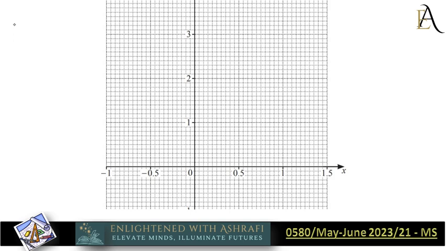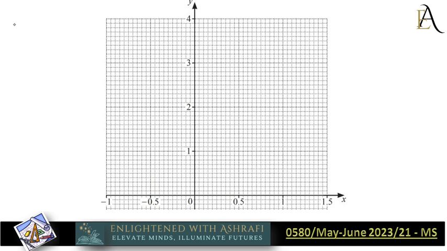So the first point that we have is minus 1 and 4. Minus 1 and 4 is over here. The second one is minus 0.5 and 0.75.